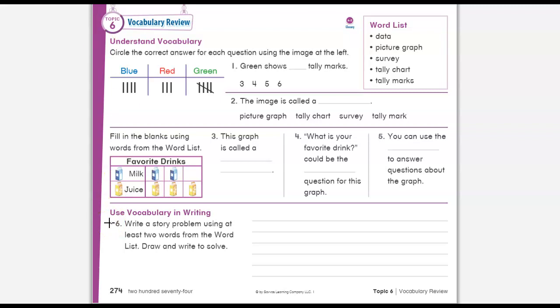For number 6, you can either write your own story problem using 2 words from the word list here at the top, and then if you would like to share it with the class, you may. Or I am also going to write a story problem that you could solve if you are not ready to write your own. So I will let you choose. You may either write your own story problem and solve it, or you can use my story problem and show your work on your page.